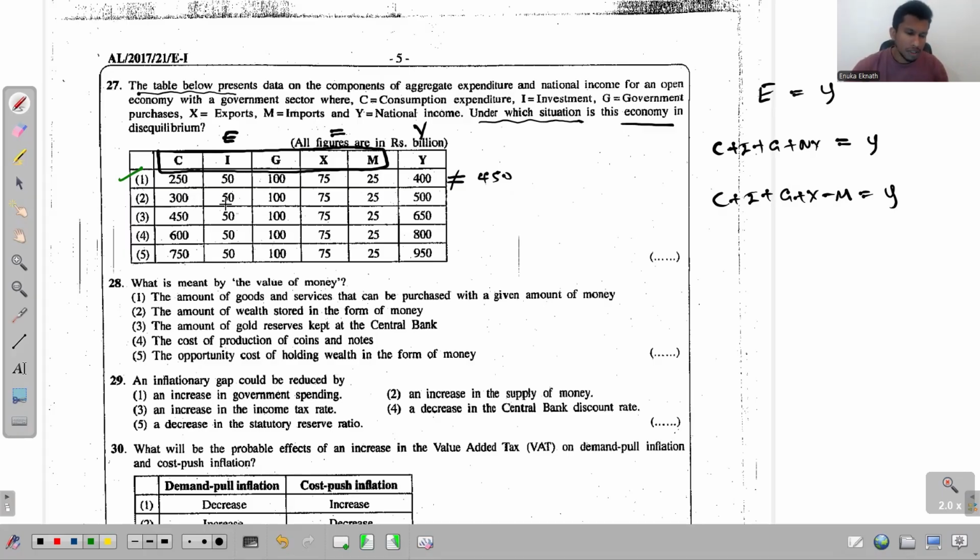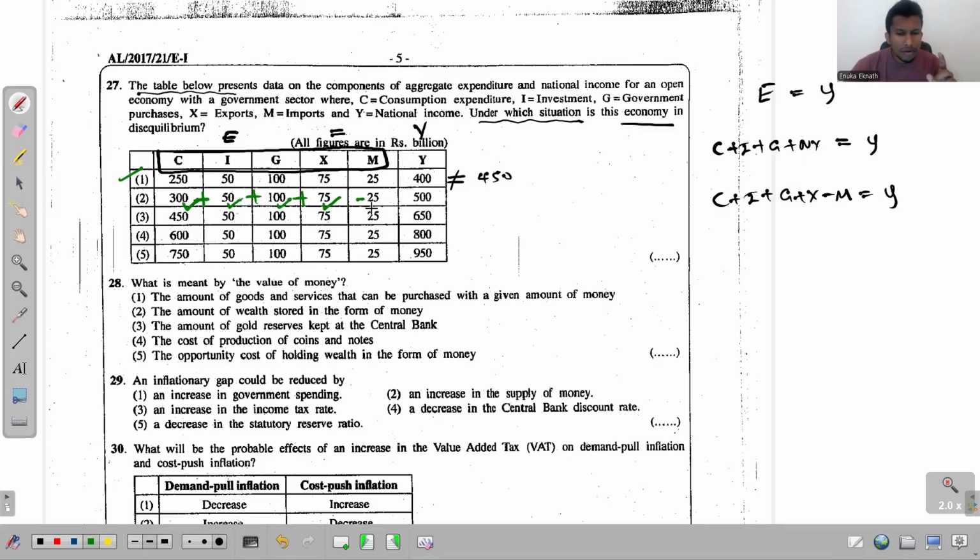But look at the second option. Let's see what happens there. If you get the total of these four, how much is that? 300 plus 100 is 400. This is 450. 525. From 525, this is a minus value because it's imports.